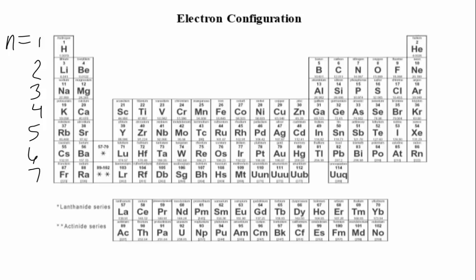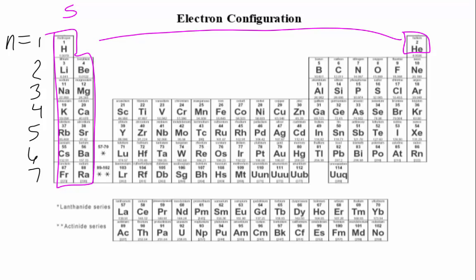So now it's going to be very important to pay attention to the following details, which I'm going to explain. These two rows here represent the S subshell. In addition to these two rows here, helium, which is here, also resides in the S subshell. This box here represents the P subshell.